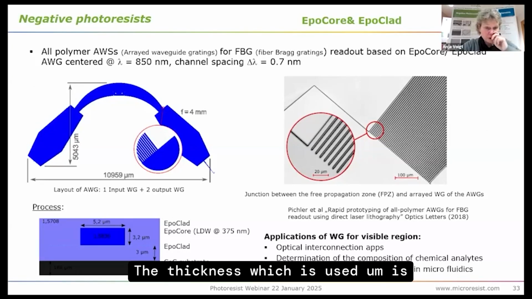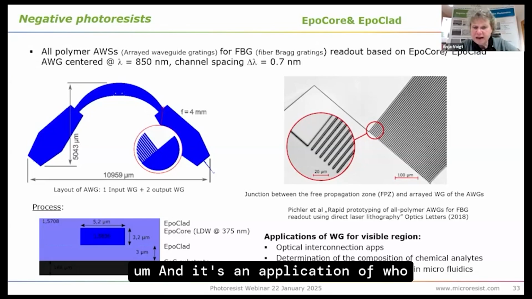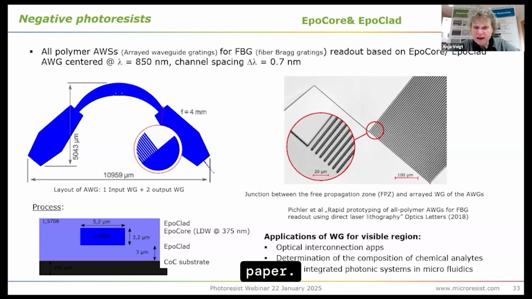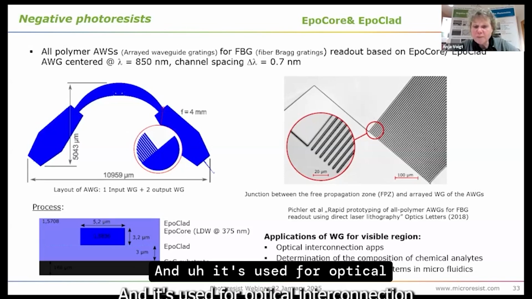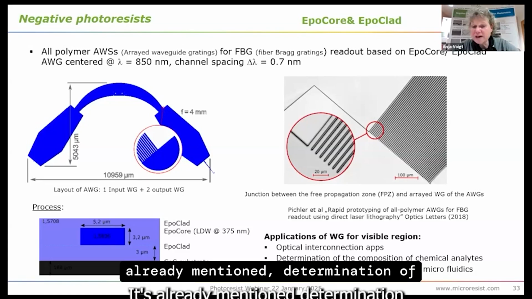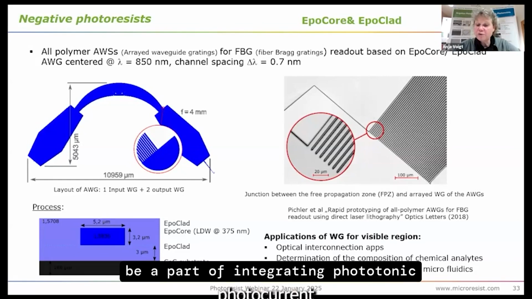The thickness used is about 5 micrometers maximum, and the dimension is shown here. Whoever wants to read more can read it in the paper. It's used for optical interconnection applications, as already mentioned, determination of the composition of chemical analytes, and microfluidic applications, and could be a part of integrated photonic systems in microfluidics.